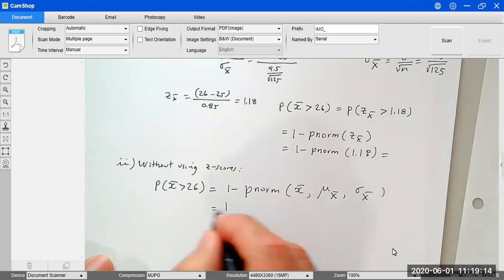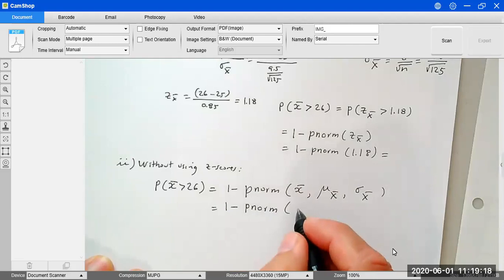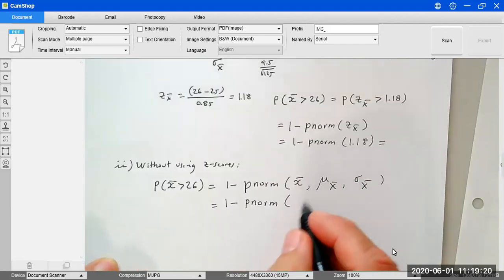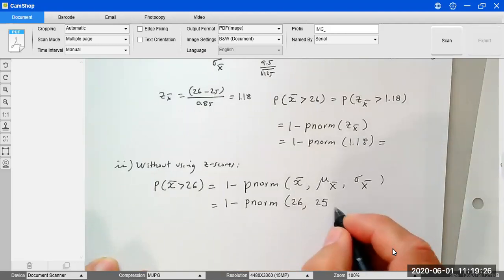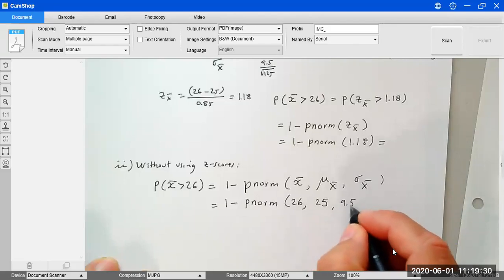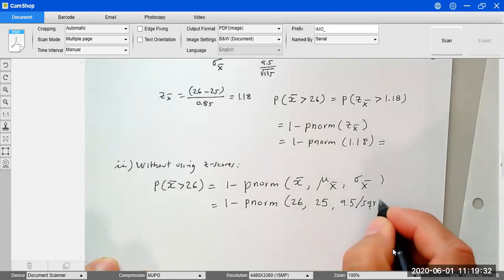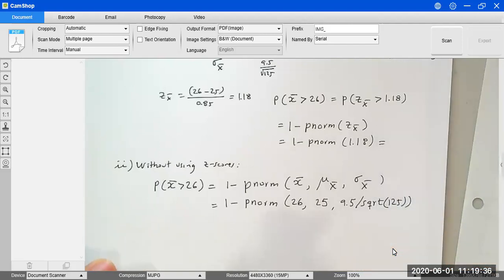So this is equal to 1 minus p norm. The mean that we are interested in is 26. The mean of the means is 25. And the standard deviation of the sampling distribution is 9.5 over the square root of n, which is 125.